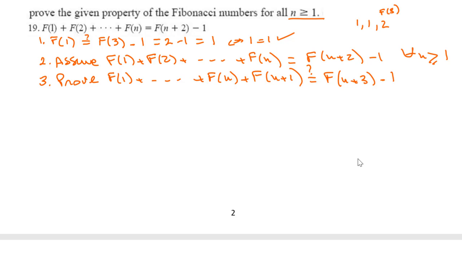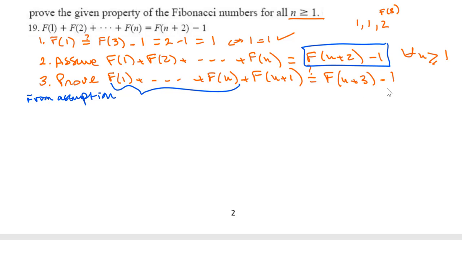So just like we did before, from the assumption we have F(1) plus F(2) plus all the way to F(n) is given to us as F(n+2) minus 1, plus F(n+1). We need to get to the right hand side, which is F(n+3) minus 1. So now let me rearrange this.